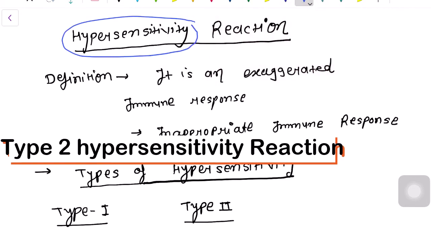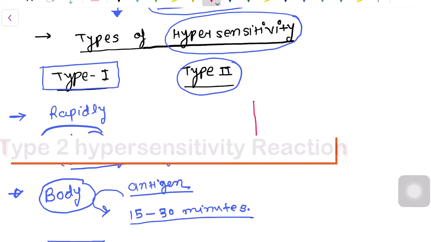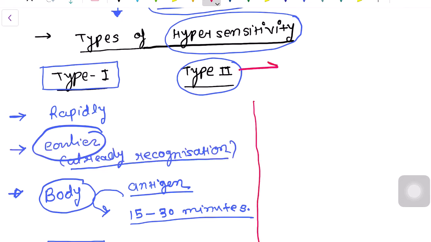Hypersensitivity reaction. Let's understand the type 2 hypersensitivity reaction, how it is different than the type 1 hypersensitivity reaction. In the type 1 hypersensitivity reaction, the antigen was free but the antibody was bound.